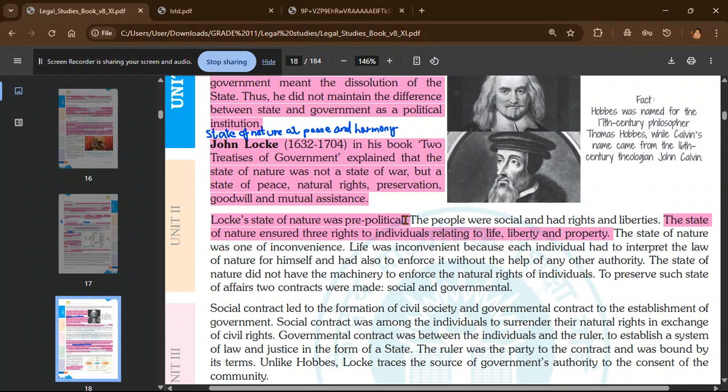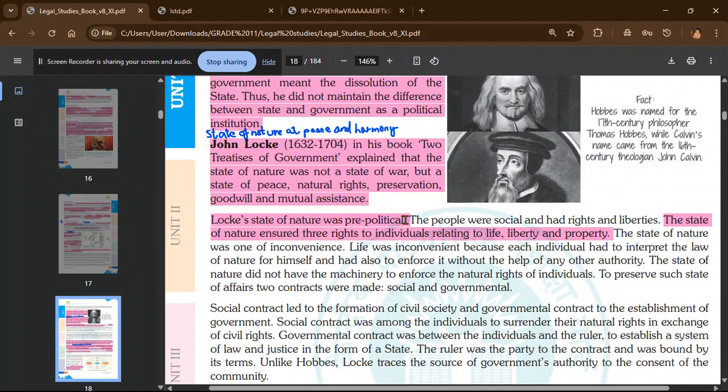Liberty means freedom, freedom to follow any religion, you can be atheist or you can be anything, so you have the freedom.